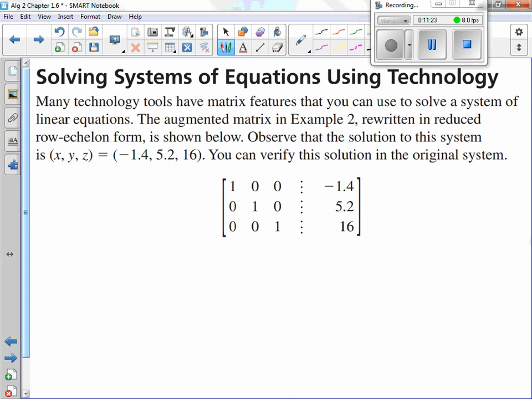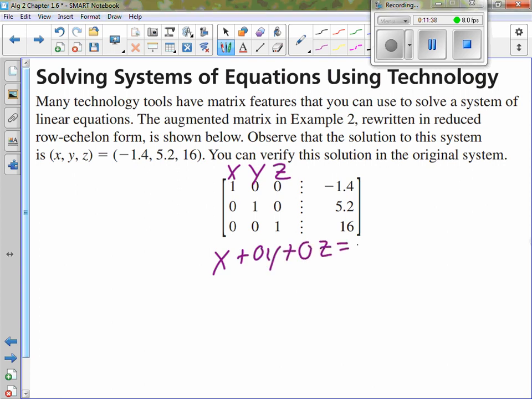For whatever this system is, we see that x, y, z is -1.4, 5.2, and 16. Well, we've been setting it up as x, y, and z, yes? So for this top line, we say that we have x plus 0y plus 0z equals -1.4. Well, these here might as well not be there. We're saying x is equal to -1.4.